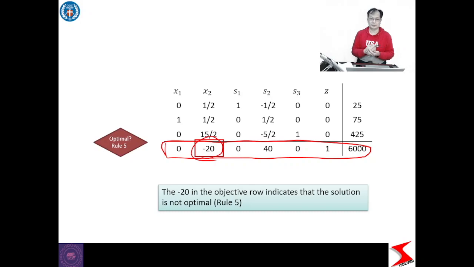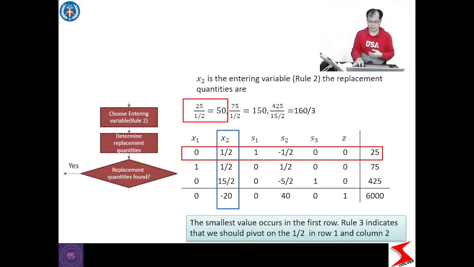So we need to determine the entering variable and the leaving variable for the next table. According to rule 1, the entering variable is the most negative value. There's only one, right? -20.